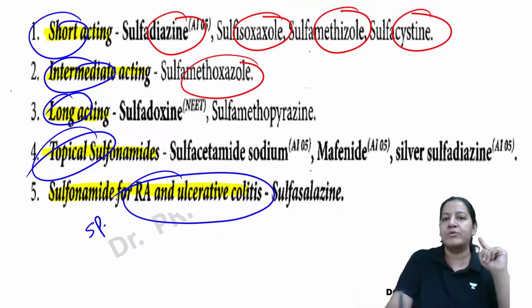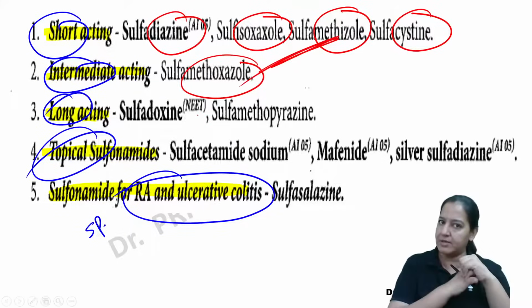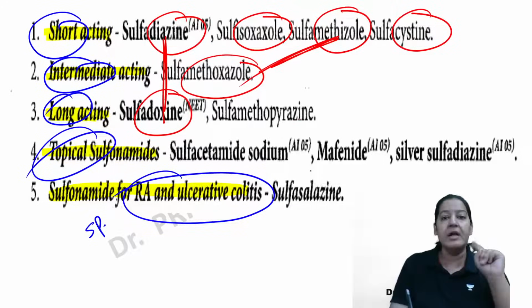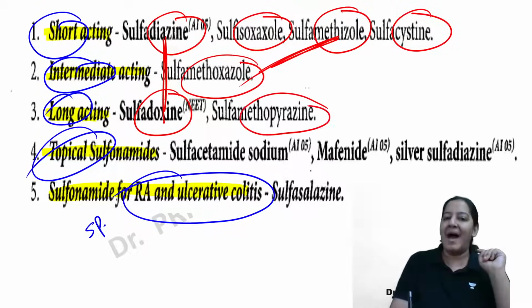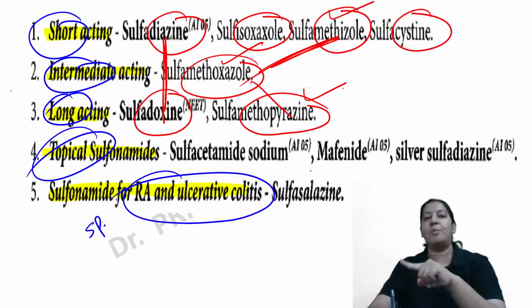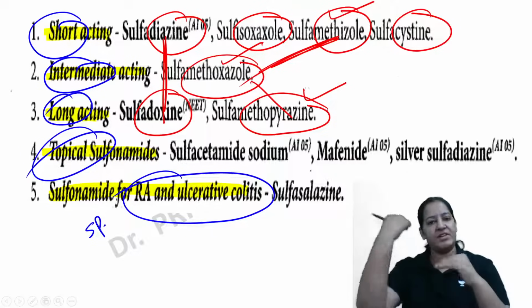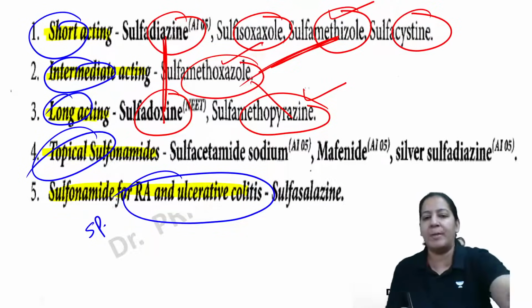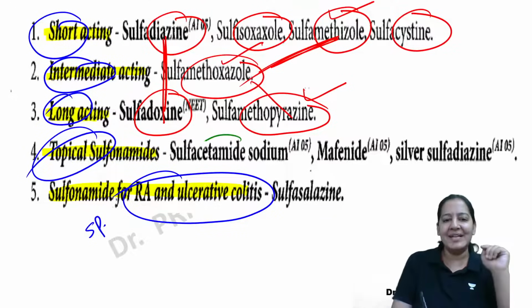Intermediate में methoxazole. Don't get confused between methizole and methoxazole. Long acting में doxine. Don't get confused between diazine and doxine. I'm clarifying it. And the next one is methopyrazine. Now there are 3M. Methizole, methoxazole, methopyrazine. You yourself decide which is short, which is intermediate, which is long. Topical are easy. You will not get confused in topical because their names are unique.